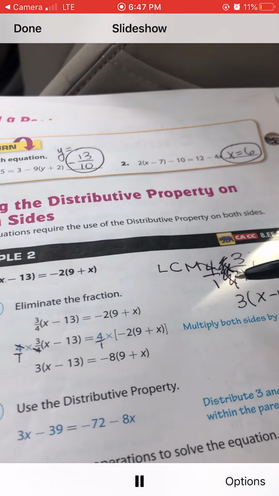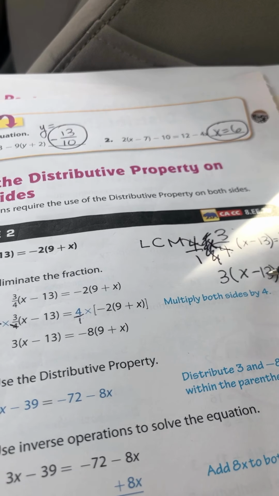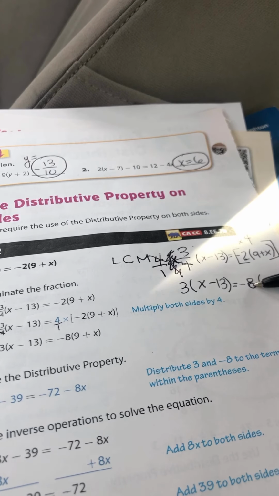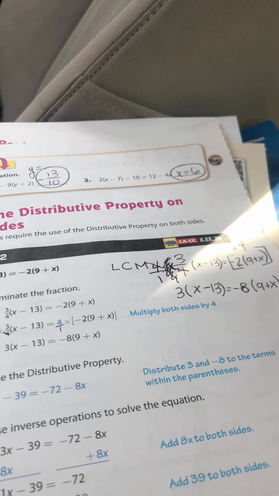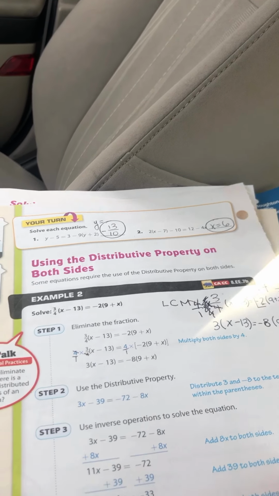And as you can see, 3(x minus 13) equals negative 8(9 plus x). Same equation as that one. This is where we use the distributive property.